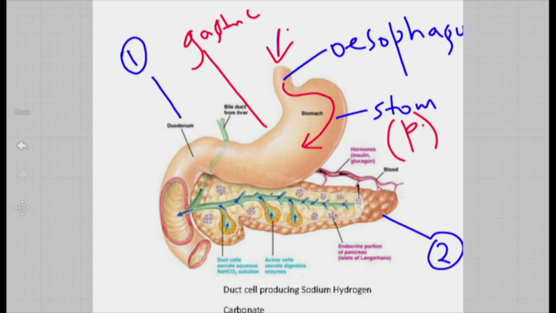The gastric juice is that which produces the hydrochloric acid, making the stomach environment acidic and conducive for the function of the enzyme pepsin. Enzyme pepsin digests proteins to polypeptides. Pepsin digests proteins to polypeptides in the stomach.